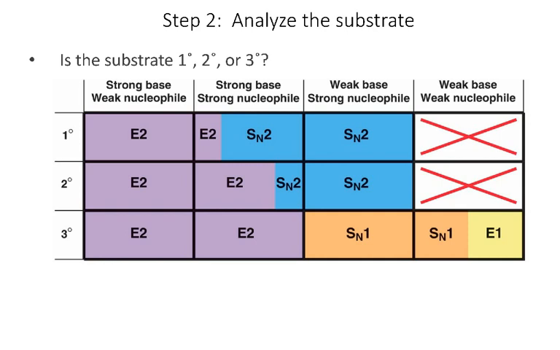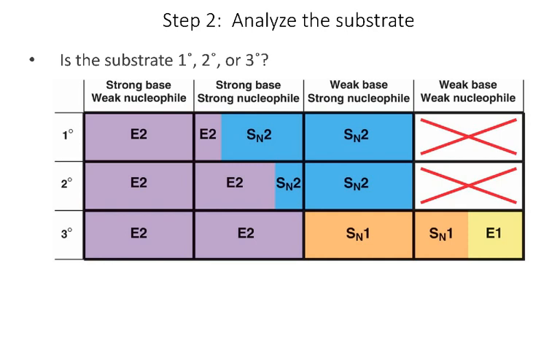Similarly, when we have a weak base and a strong nucleophile, we're going to get a mixture of SN2 and SN1 mechanisms or products. In the case of the primary, we get all SN2. Because again, the reactivity of the substrate for SN2 goes primary is the most reactive, it gets less reactive as we go to secondary, and less reactive still. In fact, oftentimes we don't see a reaction when it's tertiary.